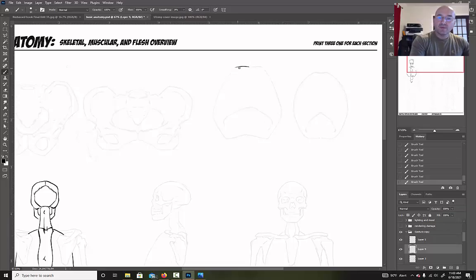So the male rib cage is going to broaden out a little bit more at the bottom. In your sternum.